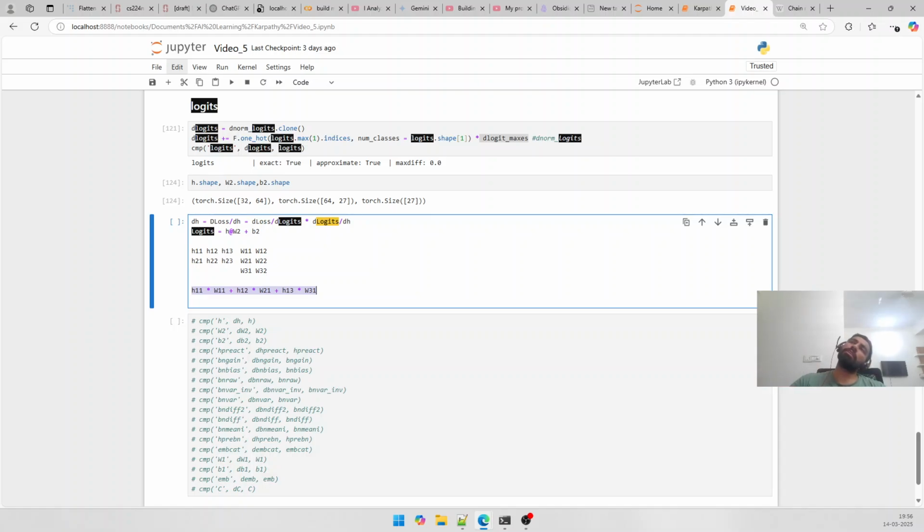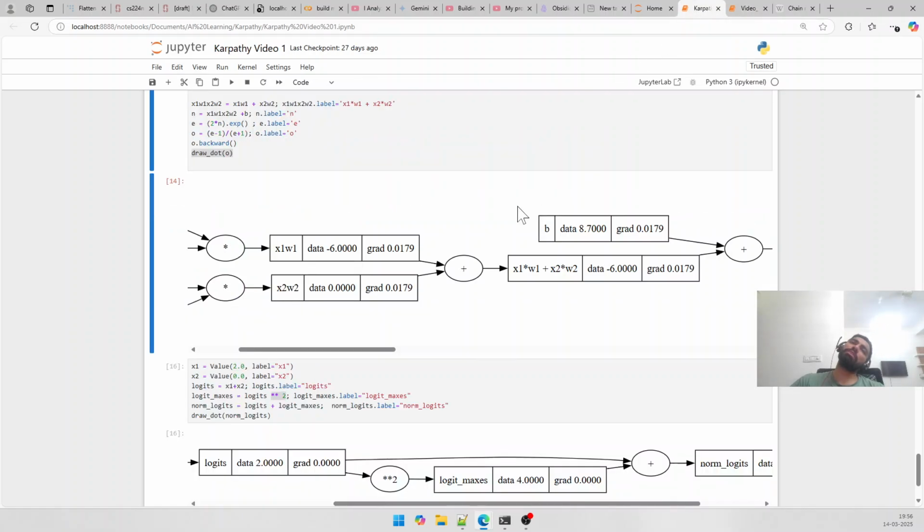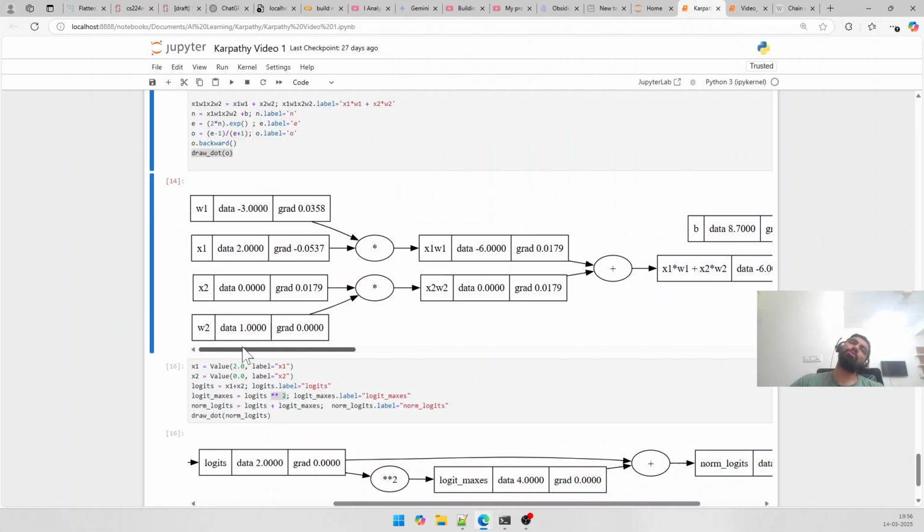If I have to talk about with respect to h, we need to move here till this is our h here. So what will happen? Addition is happening now. A multiplication. So again, addition is happening. So that gradient will come here. So the logits, whatever the gradient was here, it will reach till here.